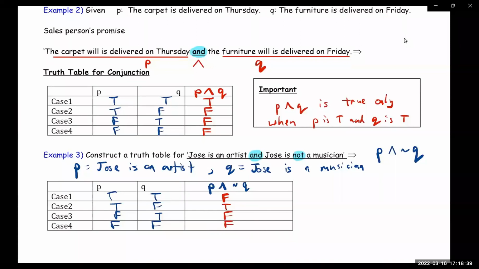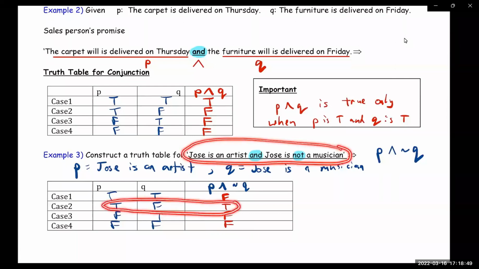All right. So the only time this statement would be true is when P is true and Q is false.